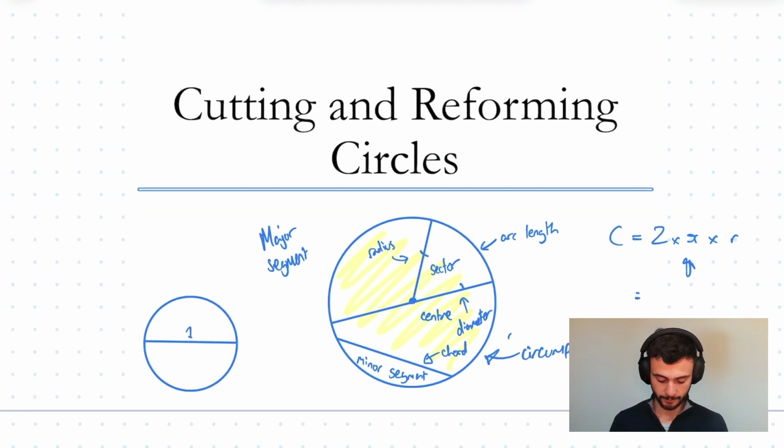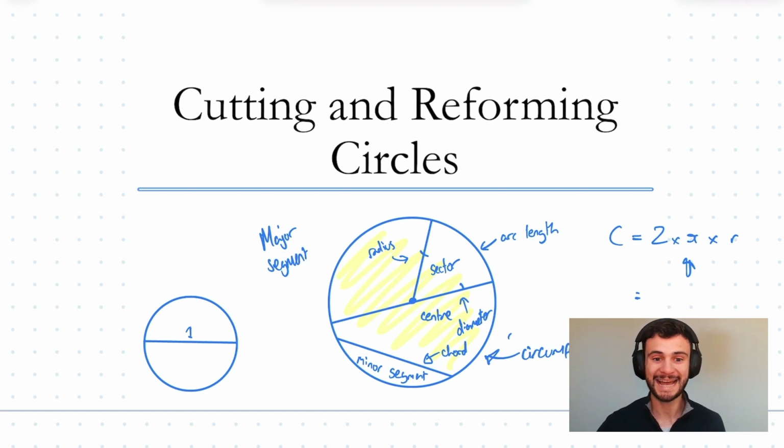Now, for a circle of any size, you can just do pi times the diameter, or pi times d, or 2 times pi times r, because of course the diameter is twice the radius. Okay, that is literally how pi is defined.